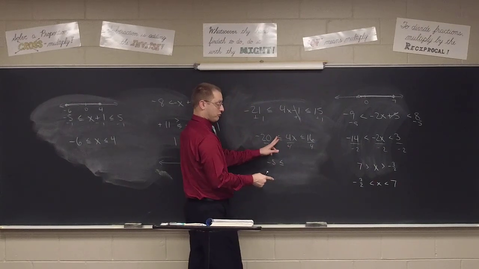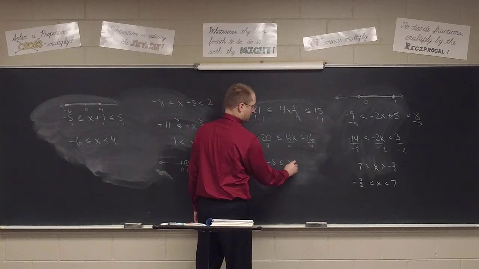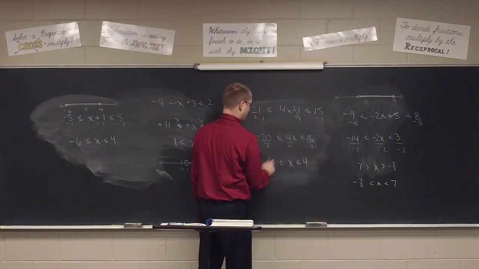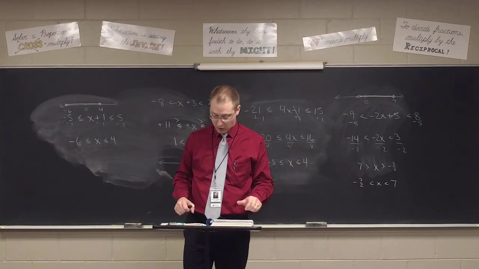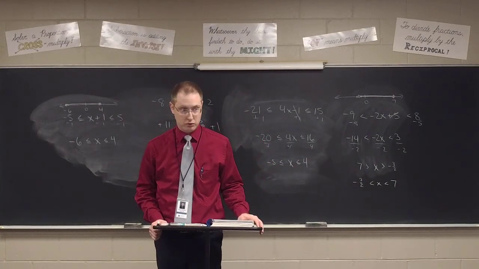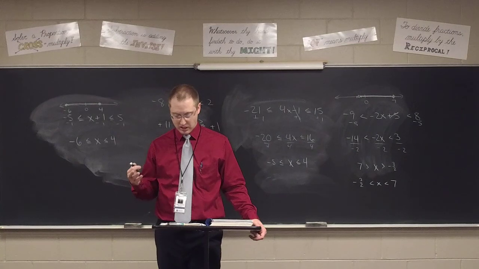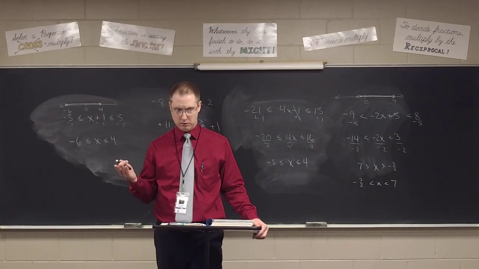We didn't divide by negative, so don't flip anything. There we go. And again, solid dot on the -5, solid dot on the 4, shade everything in between. Questions on those? Do we feel like we've got compound inequalities pretty well down?